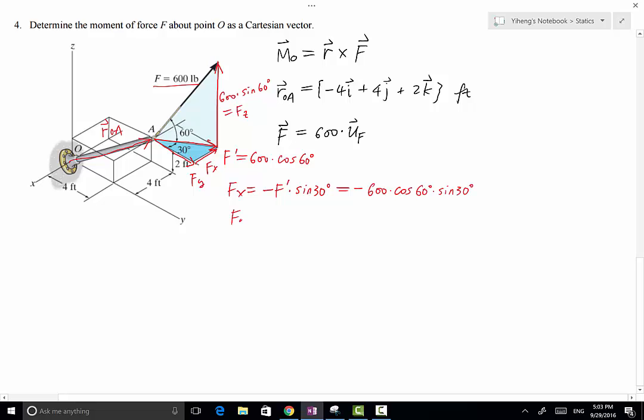And similarly, Fy equals F prime times cosine 30 degrees. It is positive. So 600 times cosine 60 degrees, again, this is F prime, times another cosine 30 degrees.